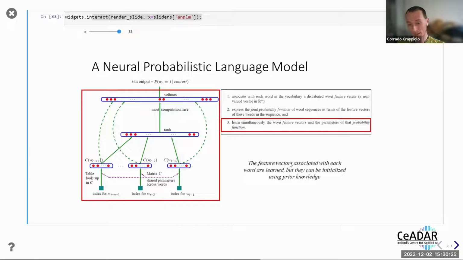But there was this interesting sentence in the paper that says that the feature vectors, at the beginning of the processing, associated with each word are learned because we put them in the pipeline with gradient descent, but it can be initialized using prior knowledge.